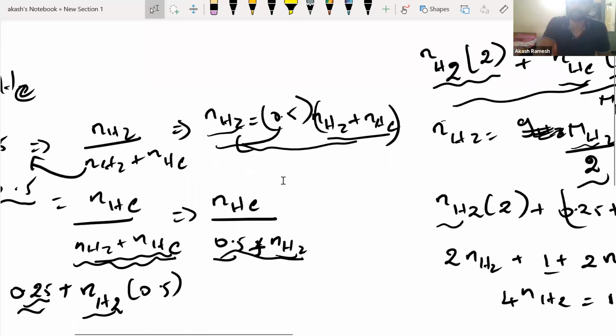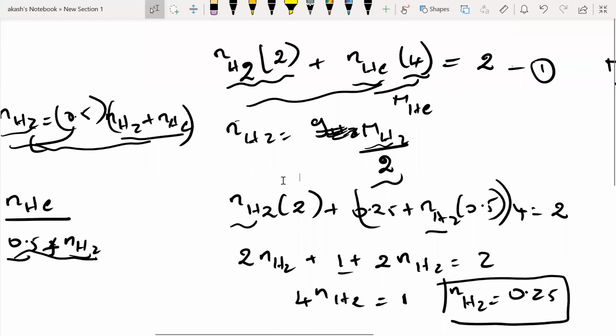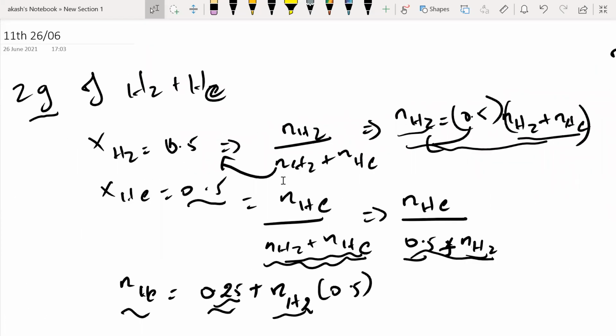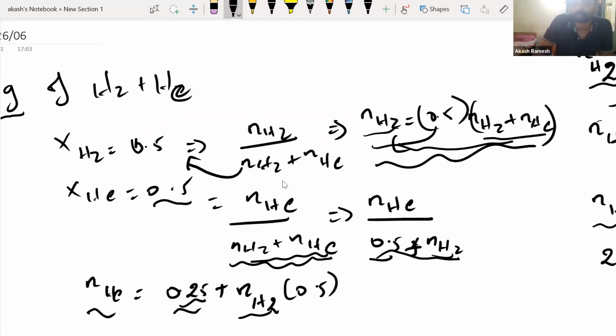So, guys, this might look very complicated. Sir, in this equation, NH2 is equal to 0.5 into NH2 plus this NHE. So we take the 0.5 in the denominator place, sir. Correct. You will take it here. Correct.